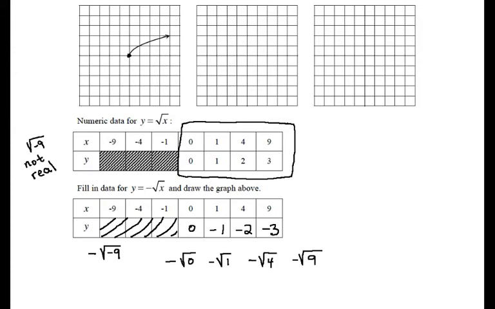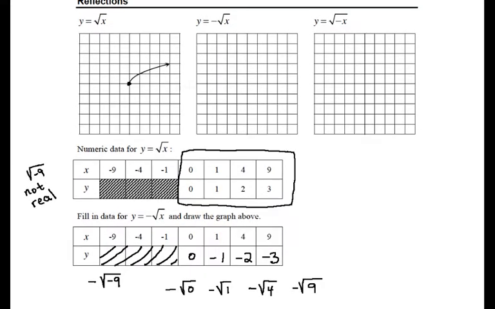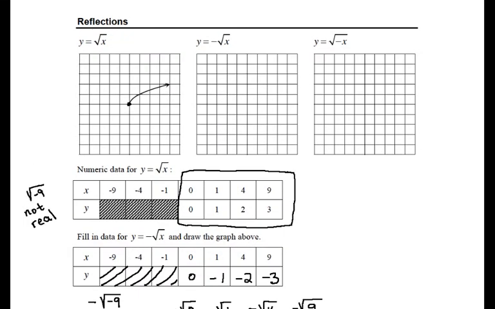So when I plot these 4 points, or the ones that will fit anyway, on my grid, I have the origin and 1, -1, 4, -2, and 9, -3 would be further out. This is what my graph looks like. And I just darkened in these axes because I noticed as I was starting to graph this that they didn't come through very well.